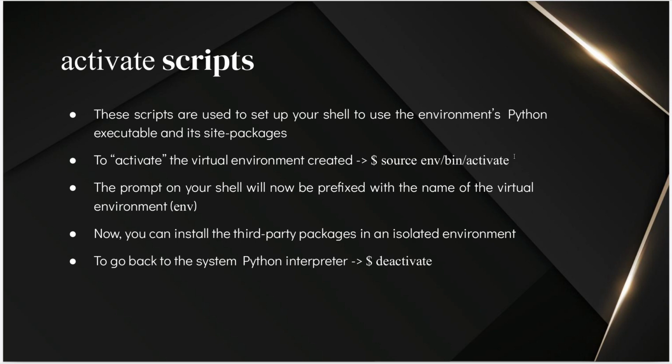After you do that, you will see your command prompt will be prefixed with the name of the virtual environment. Now, after you have activated it, you can install any version of any third-party package that you might require. Also, to go back to a standard Python interpreter, you can use the deactivate keyword. This will quit your virtual environment.